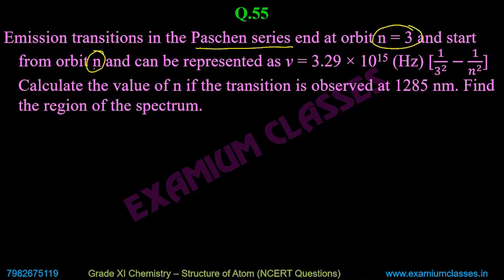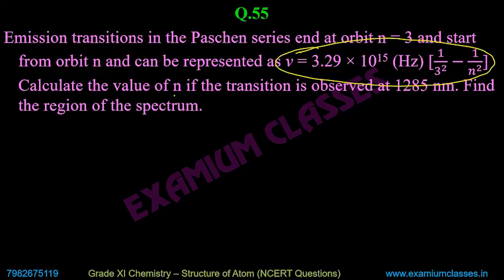Now it is given that in this case, the frequency can be represented by this equation. In this case, this is the Rydberg constant. Calculate the value of n if transition is observed at this wavelength.